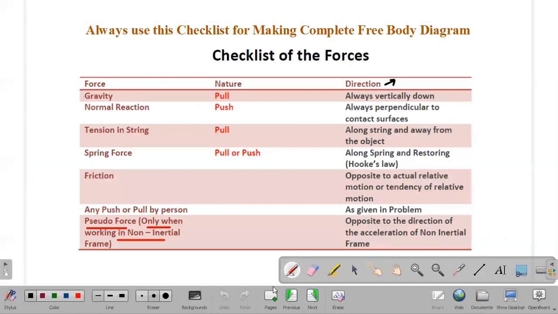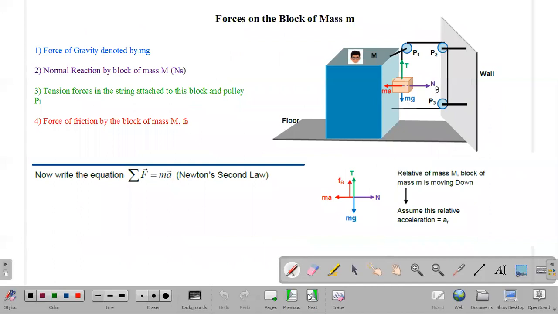This is going in sequence with the checklist. First gravity, then normal, then tension. No spring will be considered. There is no external push or pull on the block. Next is the friction force, and finally we have pseudo force if required.